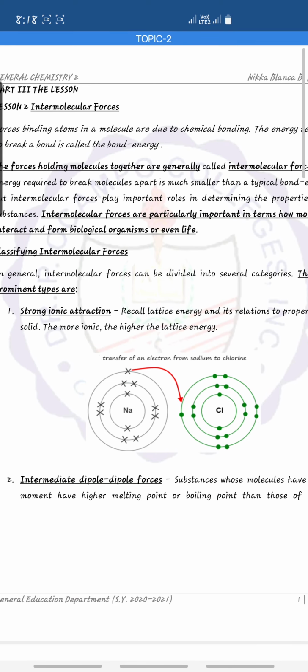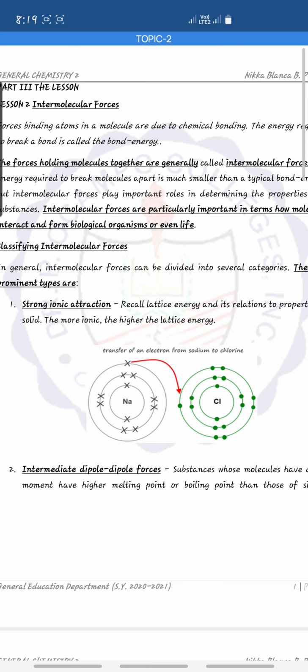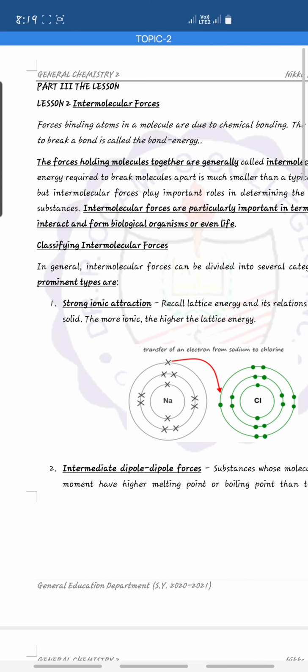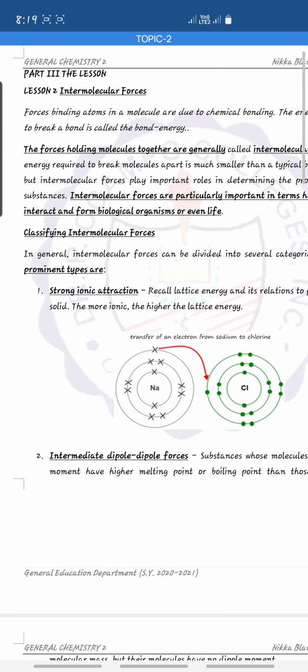Intermolecular forces pertain to the breaking apart of molecules, and they are smaller than typical bond energy, yet they play important roles in determining the properties of a substance.